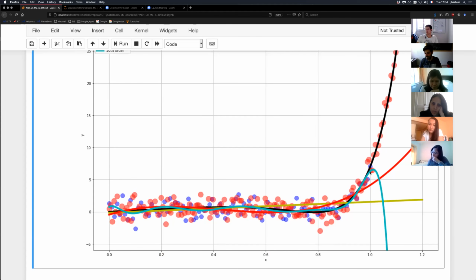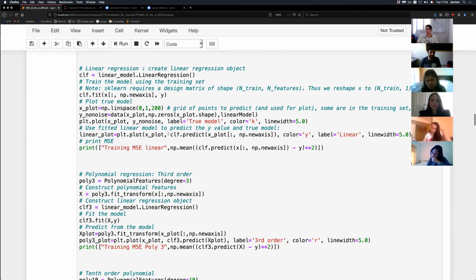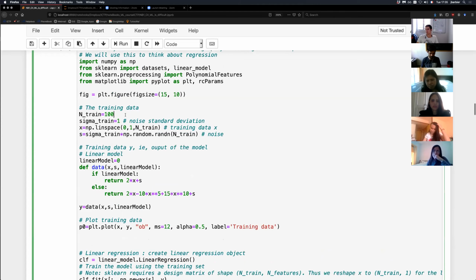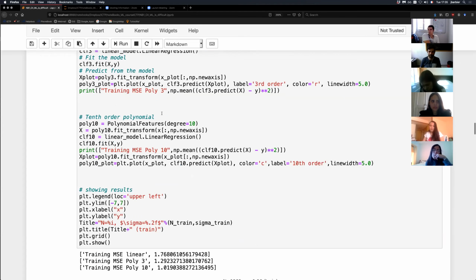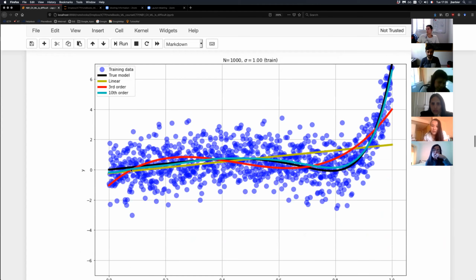even a bit away from 1, actually no, and suddenly you have a divergence like this. Okay, let's put even more data points. 1000 for the training. Okay, so we see that on the training data, the true model in black and our blue line seem very close.